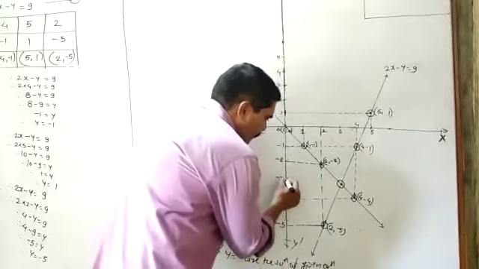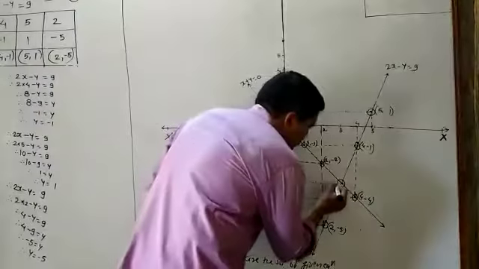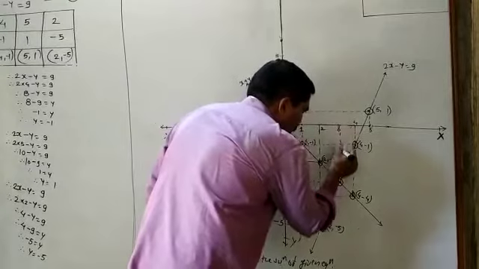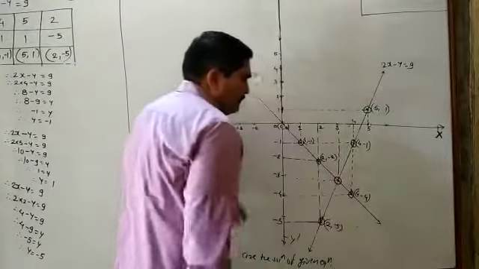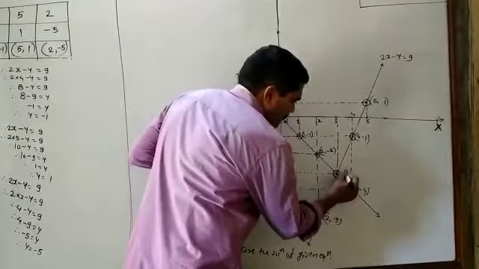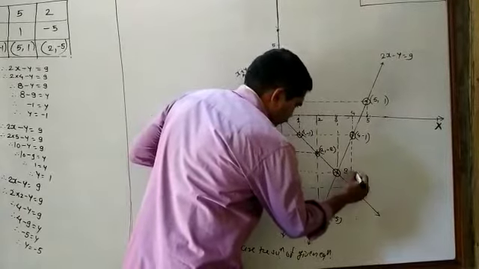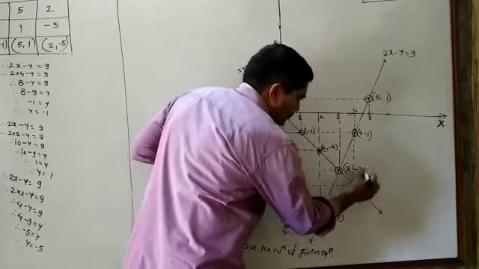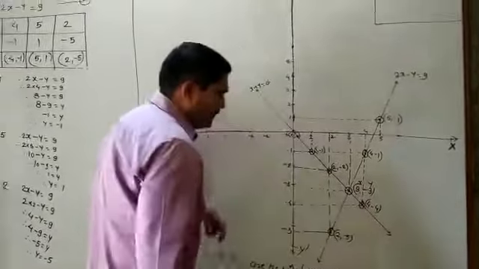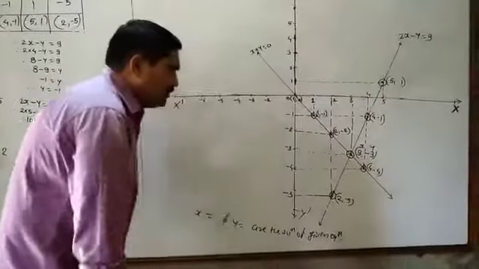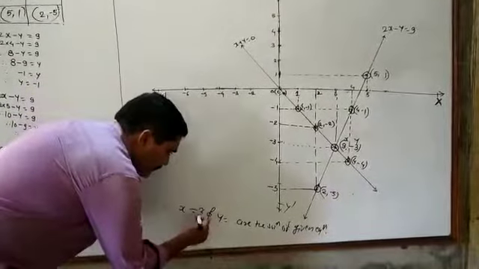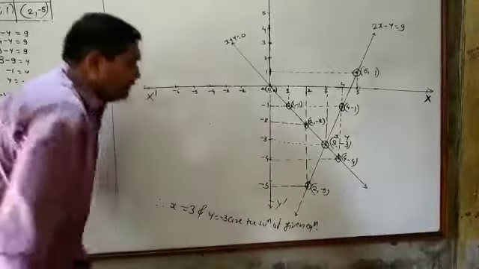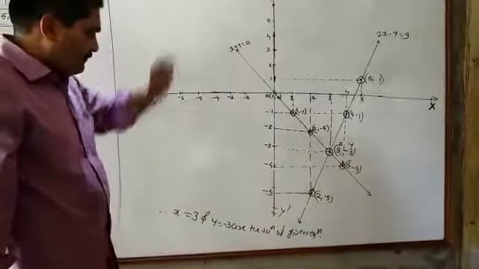So you have to draw a perpendicular line to the x axis and a perpendicular line to the y axis. At that time the x coordinate is 3 and the y coordinate is minus 3. Therefore the point of intersection is the solution. Therefore x is equal to 3 and y is equal to minus 3 is the solution of the above equations.